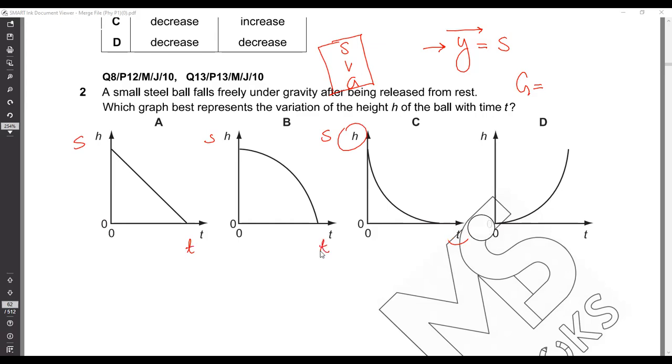What will the gradient tell you? We need to know three things: on a displacement-time graph, the gradient gives us what? Can you answer this?